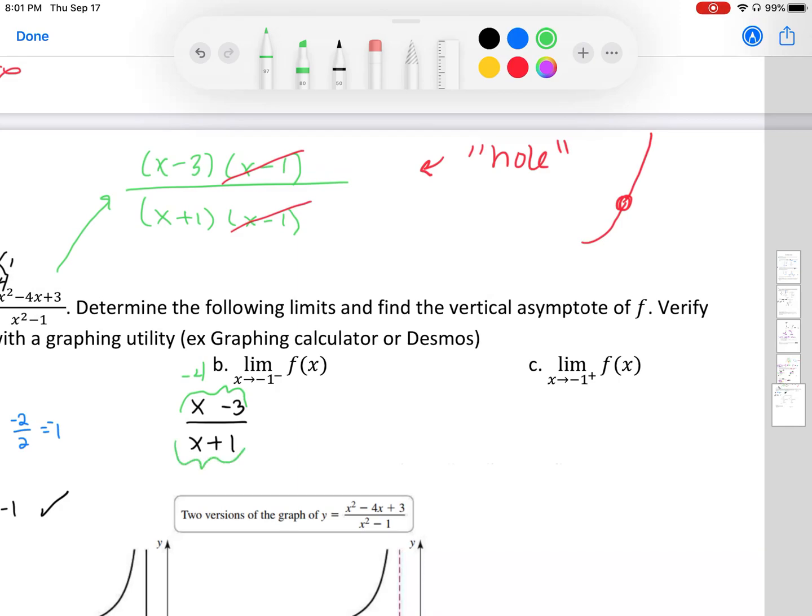So I pick a number that is coming from the left. I like to always draw my number line. If it's coming from the left, I want a number that's slightly smaller, like negative 1.01.